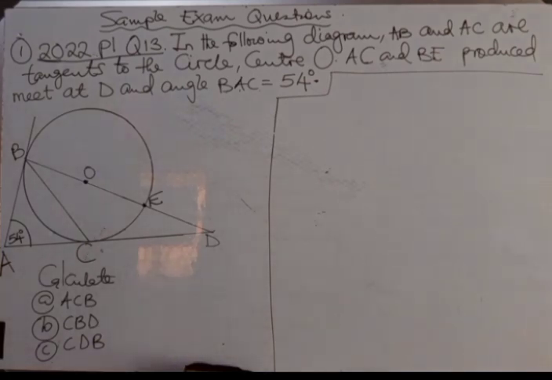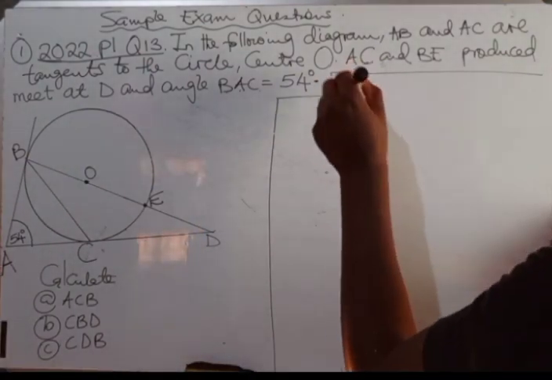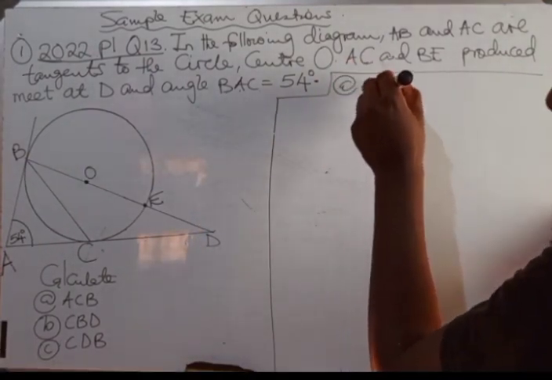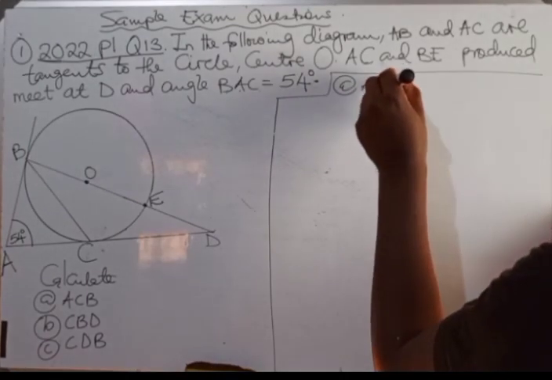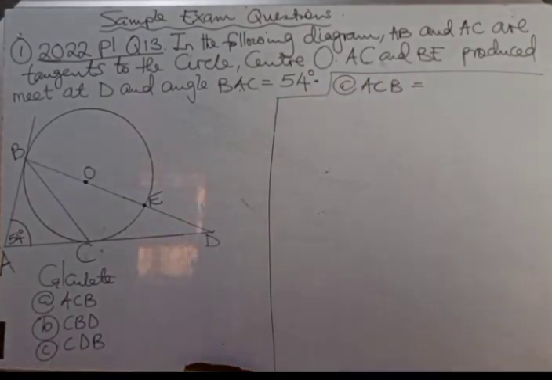We calculate ACB. Now, how do we find the ACB? Before we go to finding ACB, I want us to do something here.